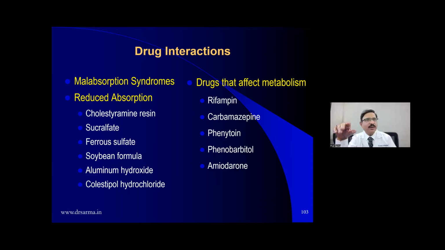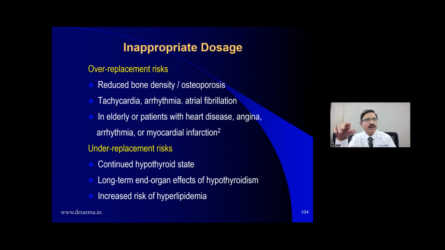You don't even think. Inappropriate dosage. Over-replacement is a risk in thyroid treatment. You should always watch for chemically induced or iatrogenic hyperthyroidism because of excess thyroid. Reduction in bone density can occur, osteoporosis can occur, tachycardia, arrhythmias, atrial fibrillation. In elderly patients with heart disease, angina, arrhythmias, myocardial infarction can occur.